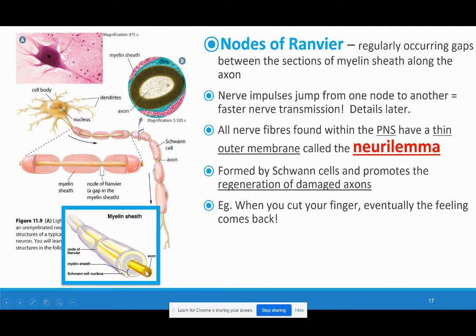So, for example, if you cut your finger and you sever, say, some nerves, those peripheral nerves will be myelinated or have Schwann cells there. But the outer lining of the Schwann cells, the neurolemma, can repair those damaged axons. Okay, unmyelinated neurons, on the other hand, don't have Schwann cells, so no neurolemma. So thus, if there's damage to the axon, it can't be repaired.